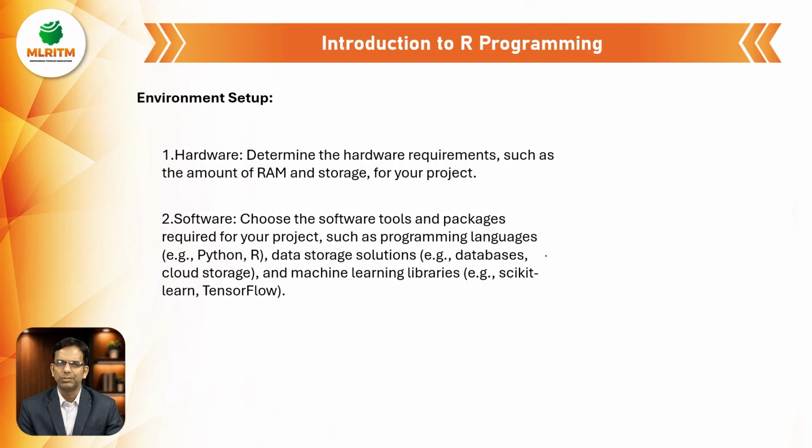First you go through the system requirements, then install the R programming software. For example, Python and R are two examples. These two applications work with various types of programming operations, and they are properties of the database as well as cloud storage.